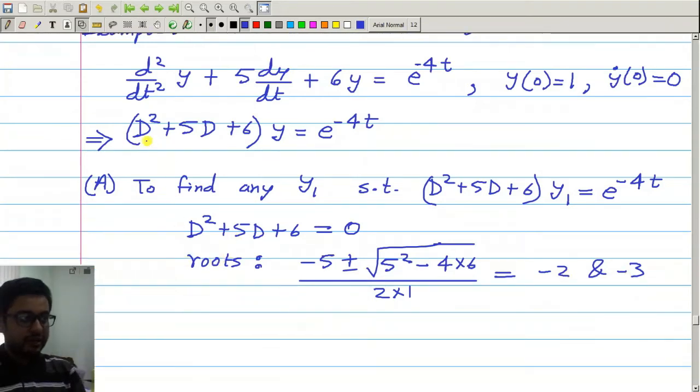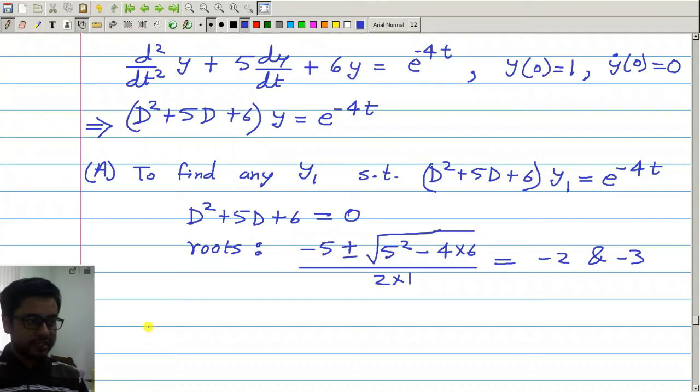So we can write this differential equation as (D minus (minus 2)), or you can make it plus, (D plus 2)(D plus 3) acting on y is equal to e to the power minus 4t.